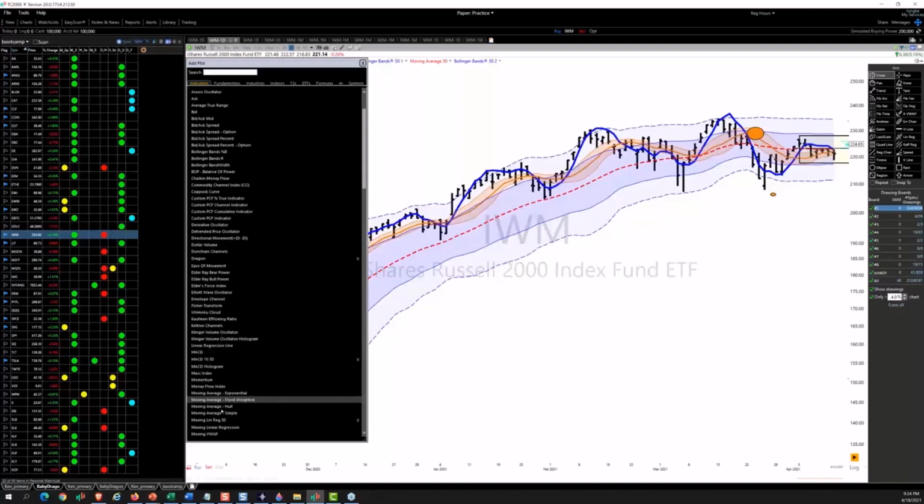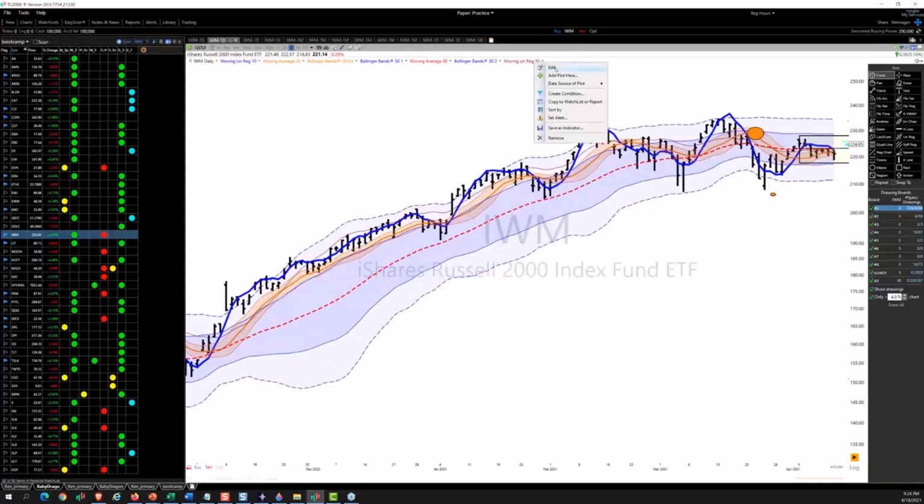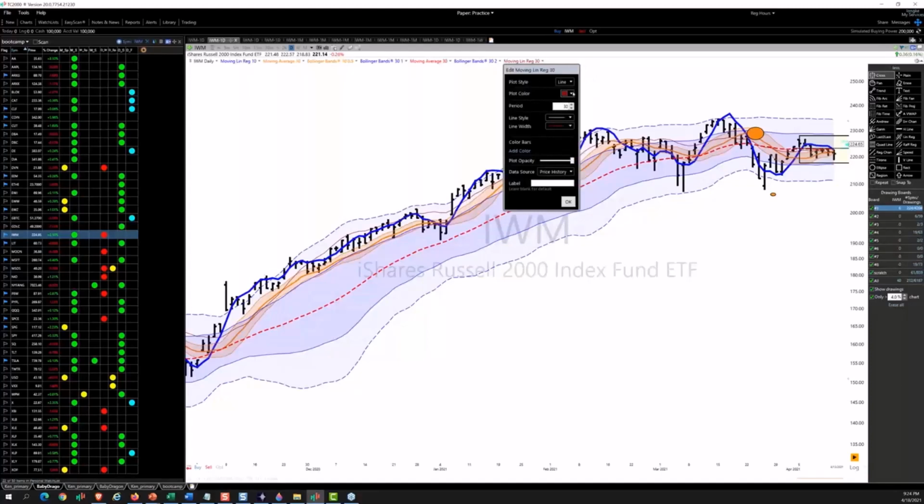So moving linear regression. I'm going to put that on. I'm going to make that the standard color of black. I'm going to make it thick.